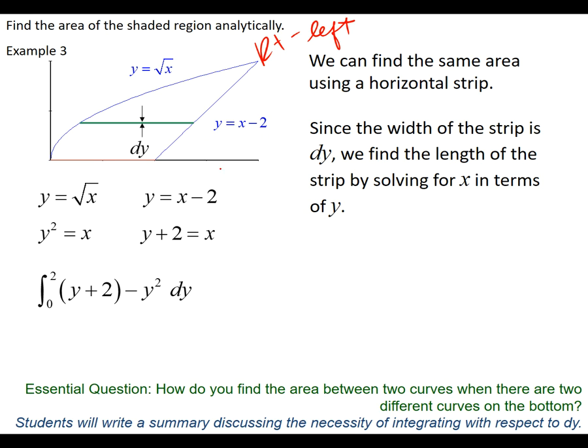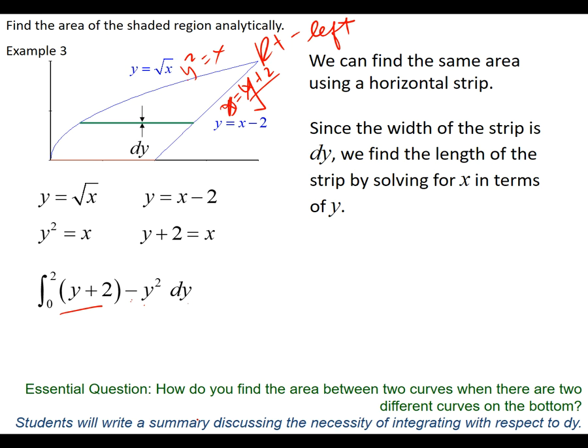So this one right here we said was x equals y plus 2, and this one was x equals y squared. My more right curve was the y plus 2, minus my more left curve, which is the y squared, and we're integrating with respect to y instead of x.